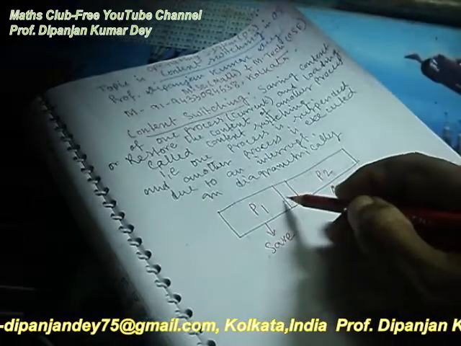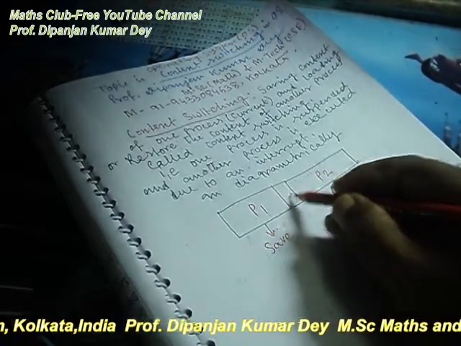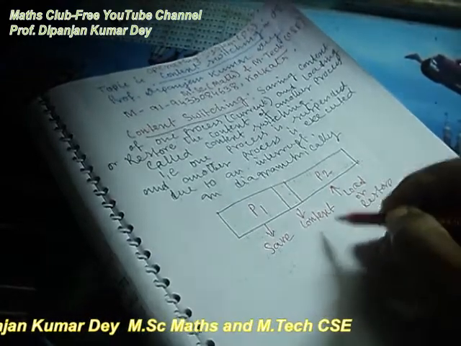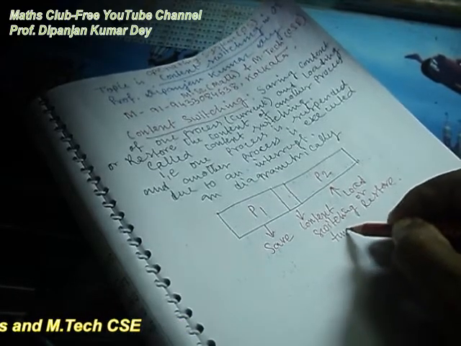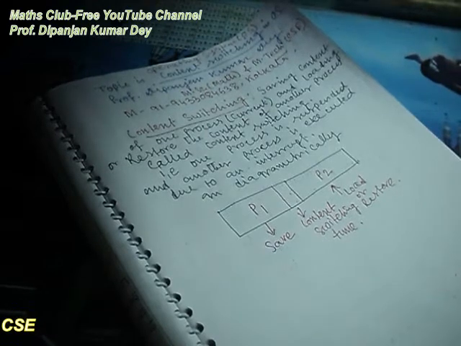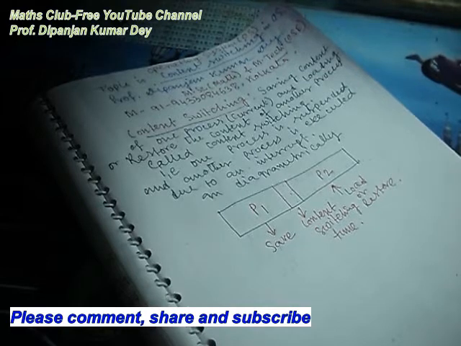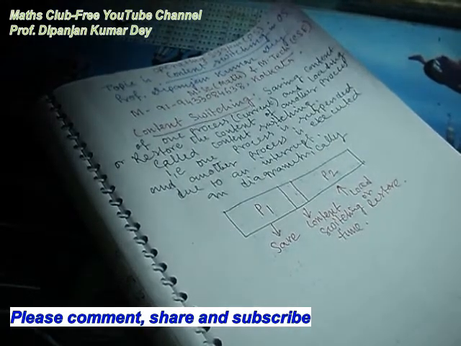This time interval is known as context switching time. Here process P1 is saved and process P2 is loaded. What is context switching time?